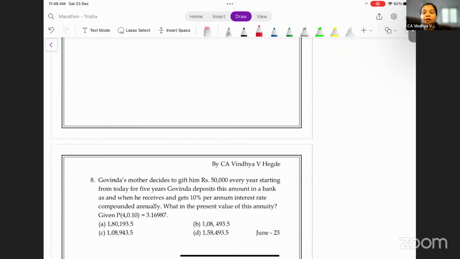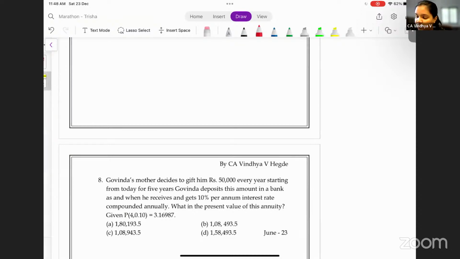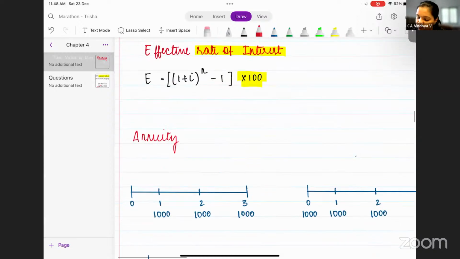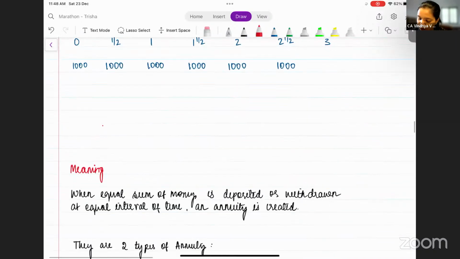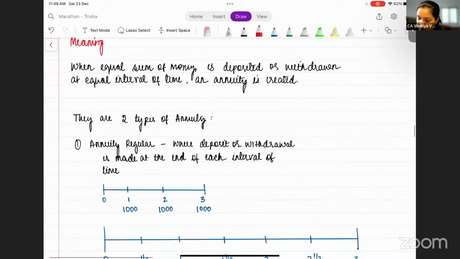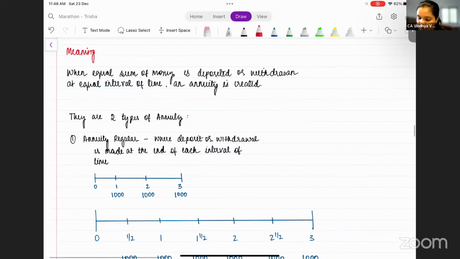Okay, before we go to the next question, we have to quickly cover the concepts of annuity. First of all, what is annuity? When does annuity come into picture? Annuity comes into picture when two things remain the same.